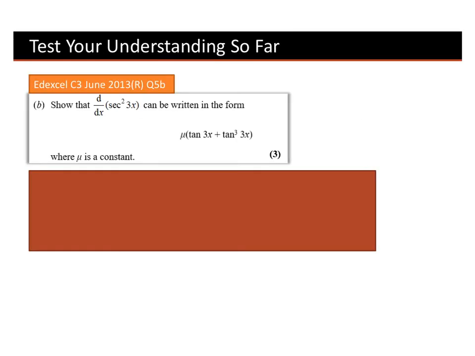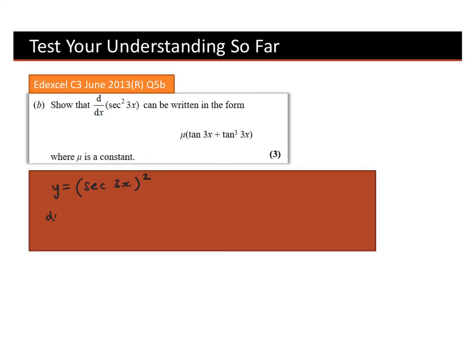Okay, test your understanding so far. Give this question a go. Off you go. So, y equals sec 3x all squared. So what do we actually have here? We should have chain rule.